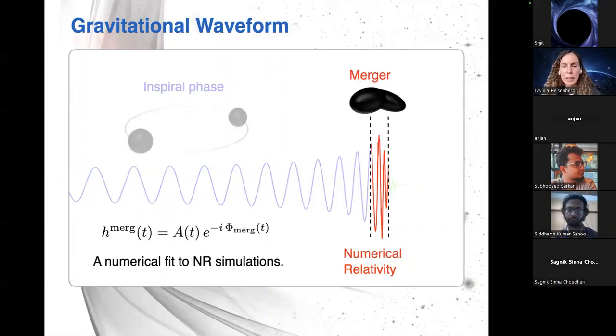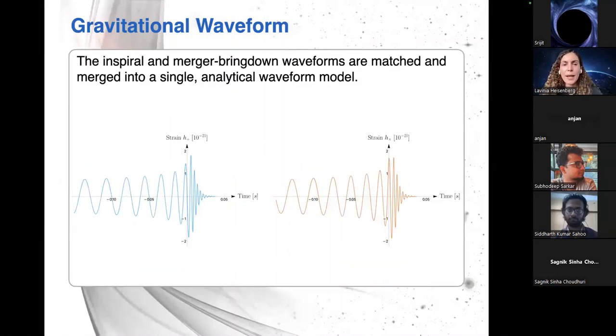For the numerical relativity part, you can make a numerical fit to numerical simulations in terms of amplitude and phase, which has been done in this paper. Then the inspiral and the merger-ringdown waveforms are matched into a single analytical waveform. Here I am plotting the waveform model that you get if you follow this example in the paper.